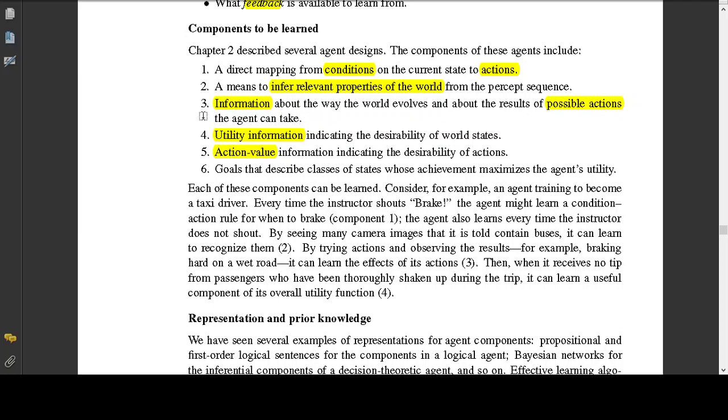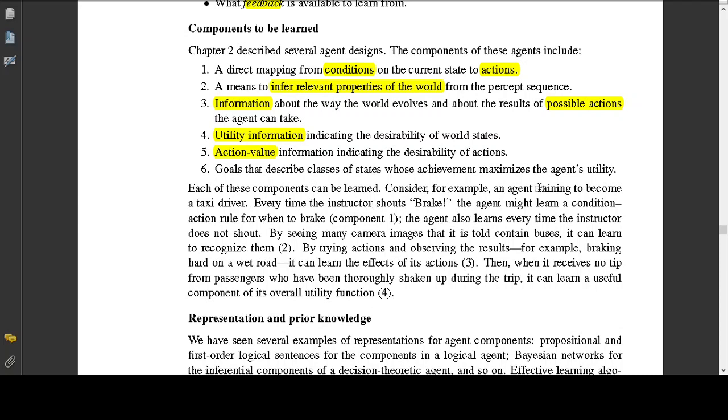Then the utility information indicating the desirability of world states. So in that way, six components have been defined over here. An example is given for the same.